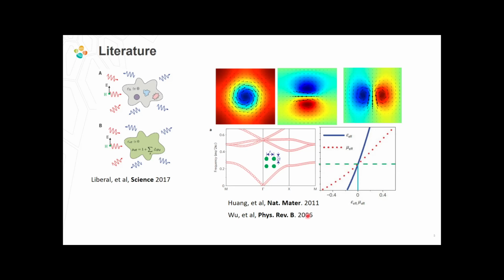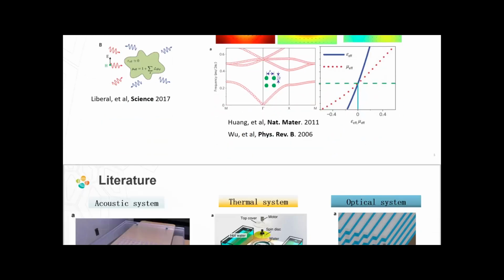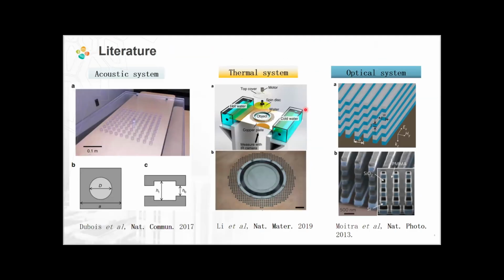And using an effective medium model that I developed almost 20 years ago, we can exactly calculate that at this frequency the effective epsilon and effective mu cross zero simultaneously. So people adopted this idea for different types of systems, including acoustic, thermal, and optical systems.